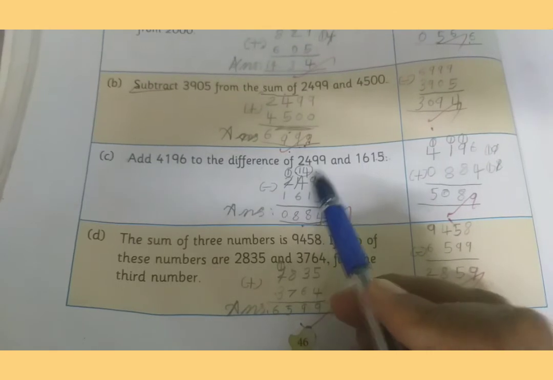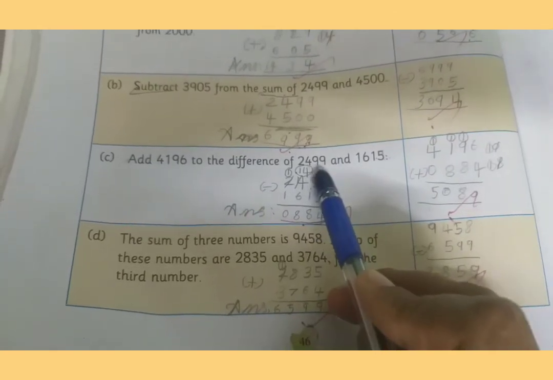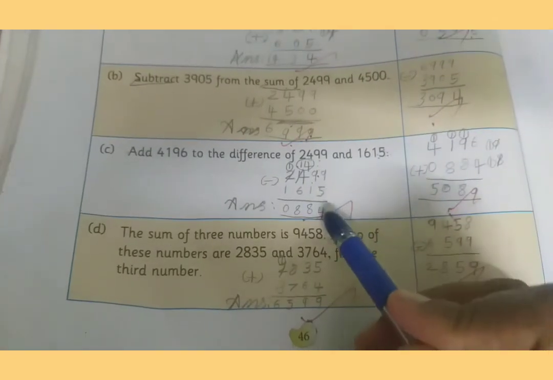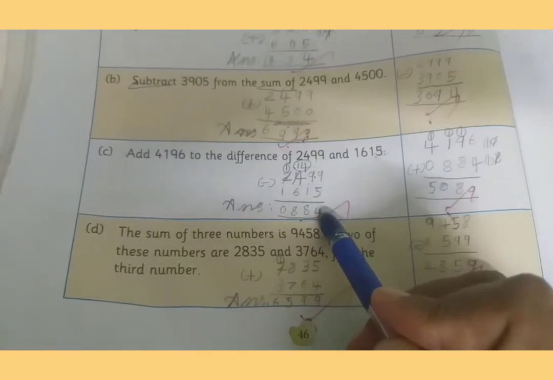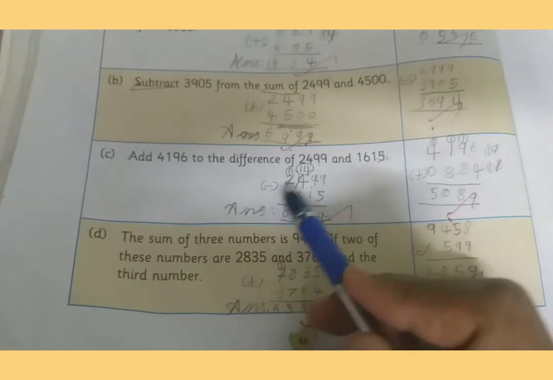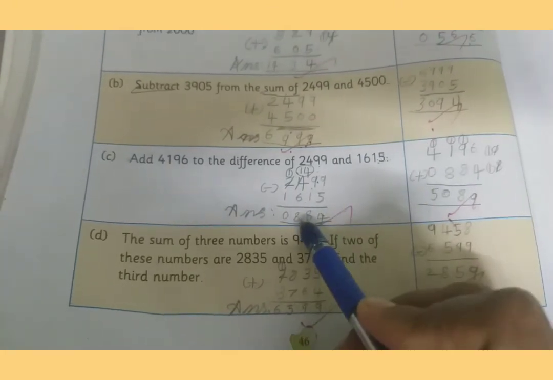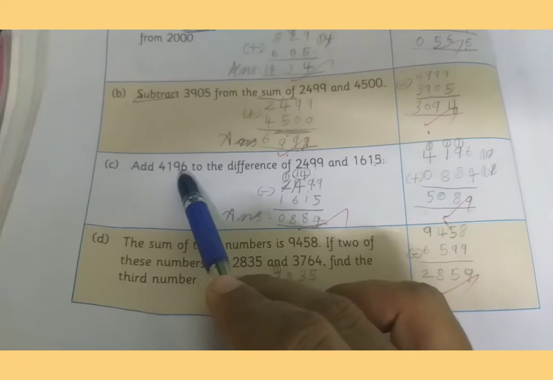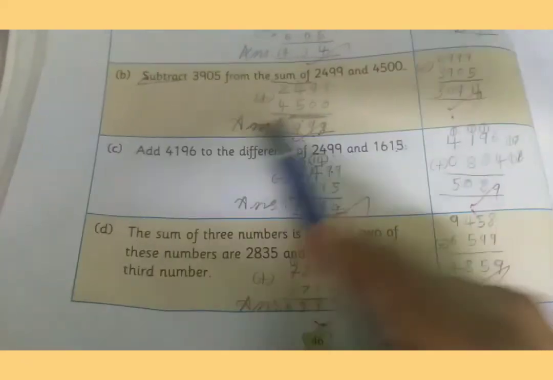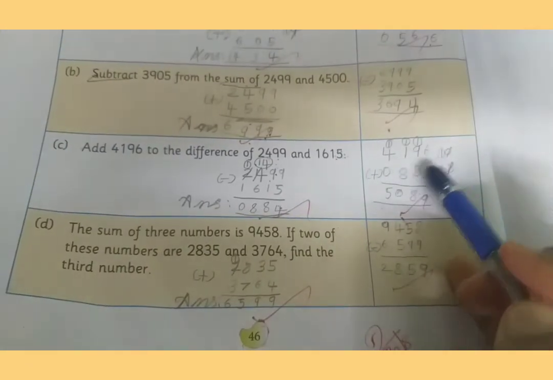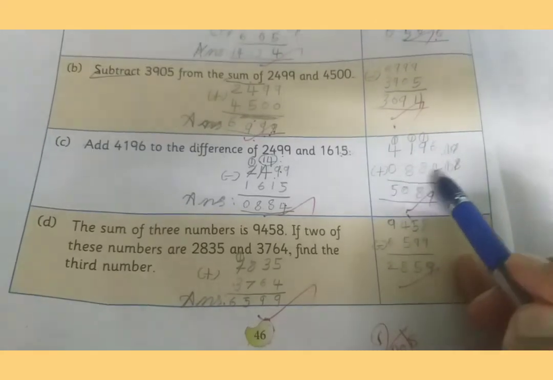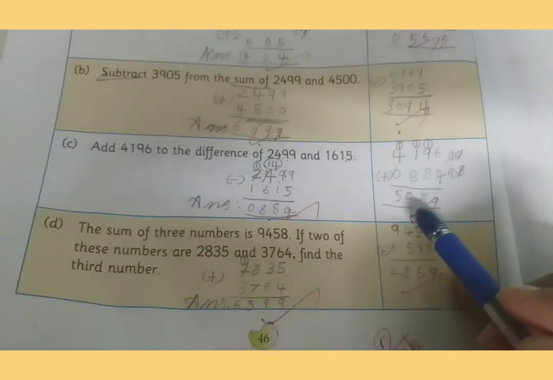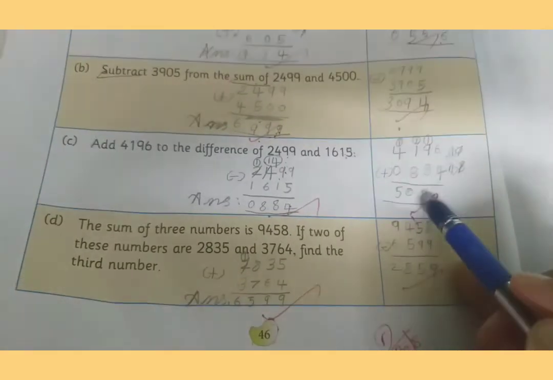The above number is the greatest number, the below number is the smallest number, and find the difference. Then after that, what you got as the answer you should add with the number they have already given, that is 4195, and the answer we found, 884, and you should add it. Okay, after that you should find the answer.